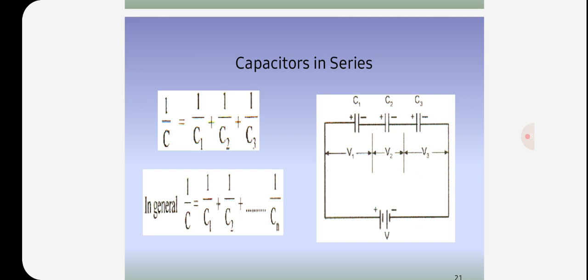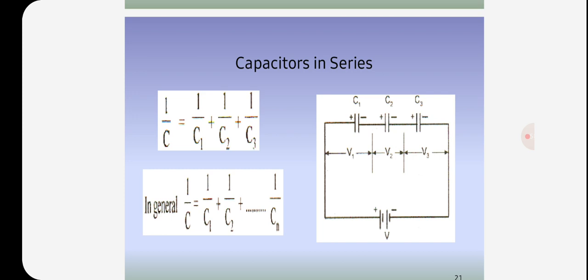In case 1, if two capacitors are connected in series, then n is equal to 2. 1 by C equivalent is equal to 1 by C1 plus 1 by C2, that is equal to C2 plus C1 by C1 C2, that is equal to C1 plus C2 by C1 C2.